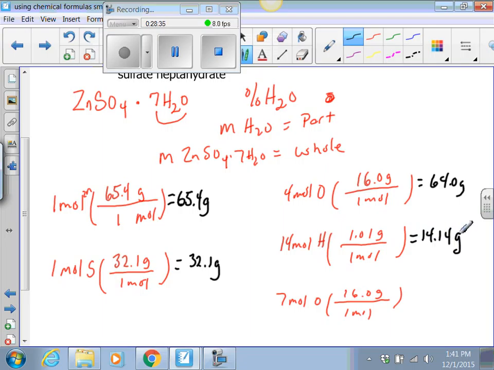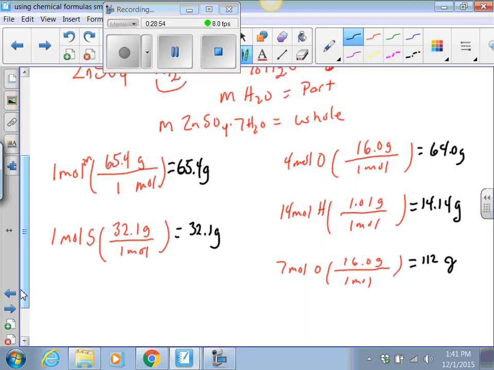And then it's going to be 112 grams. Okay. All right. Then what do we have to do? Add them all up. So we have 65.4, 32.1, 64, 14.14, and 112. That gives 287.6.